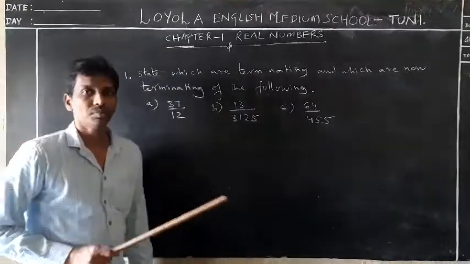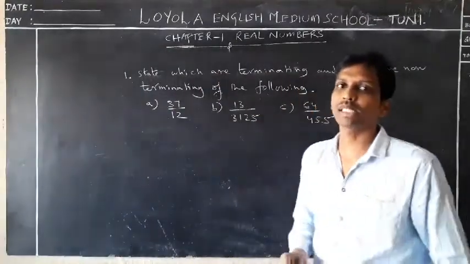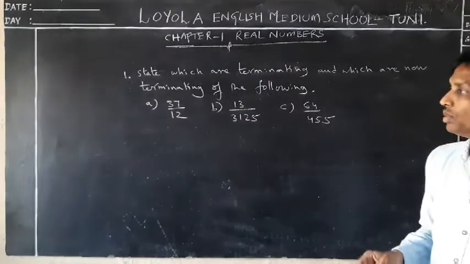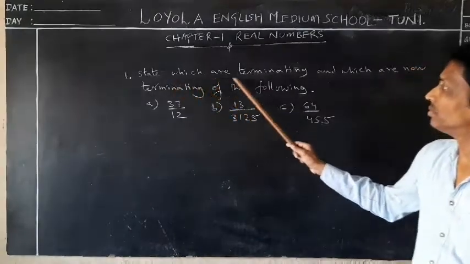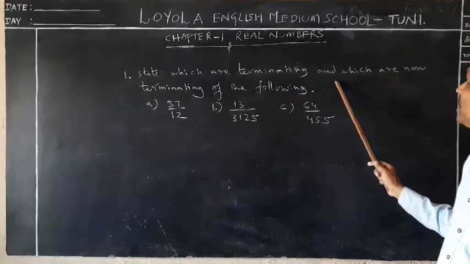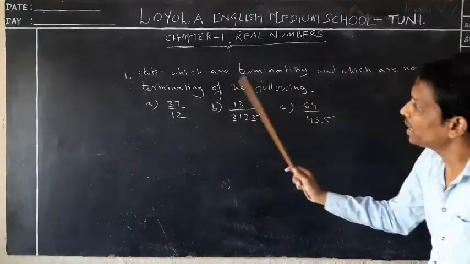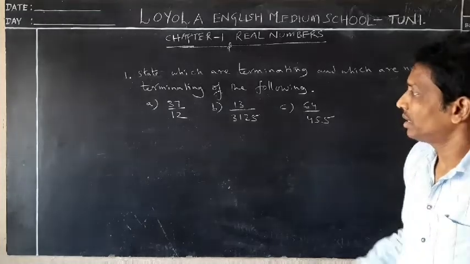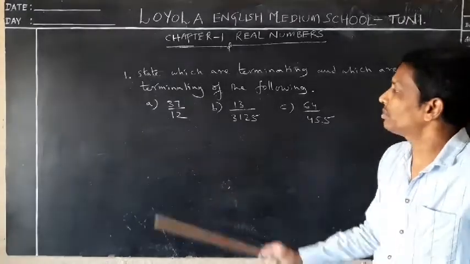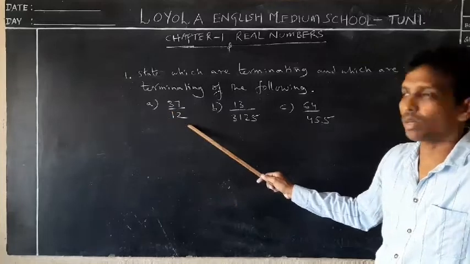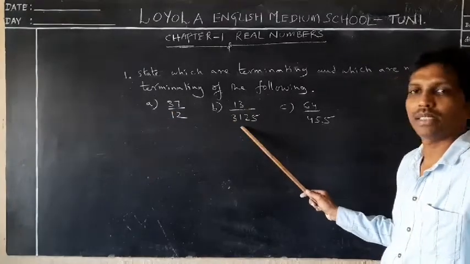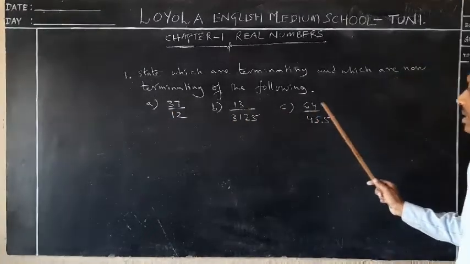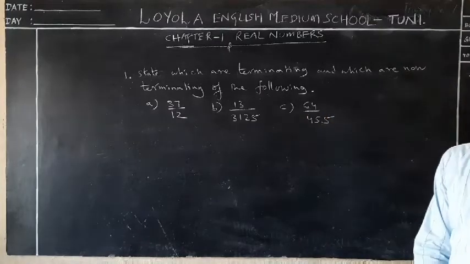Let us go through a problem on what we discussed above. State which of the following fractions are terminating and which are non-terminating. Here 3 questions were given: A, 37 by 12; B, 13 by 3125; C, 64 by 455.